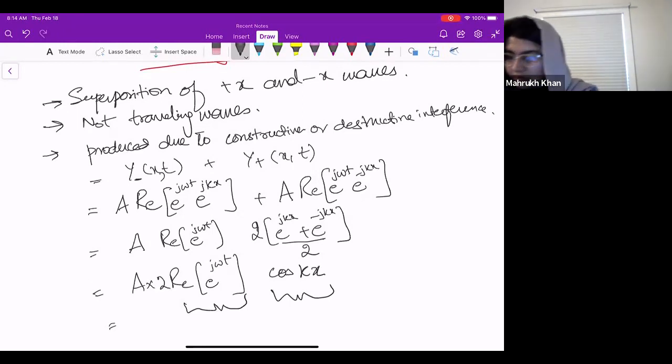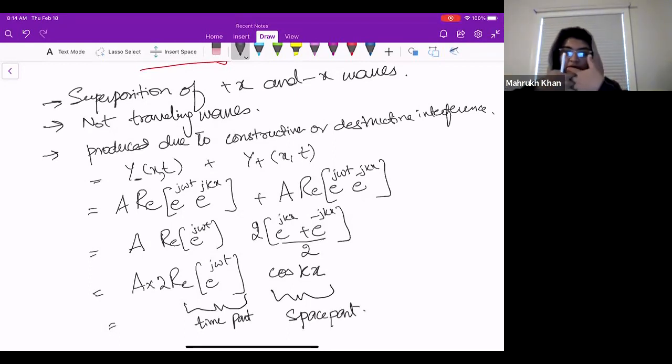This is your time part, and this is your space part. When they are not interlinked, they are not supporting each other to travel. Instead, they make standing waves by moving up and down like this. So we are actually separating the time and space parts in standing waves.